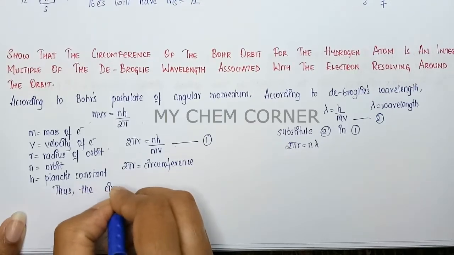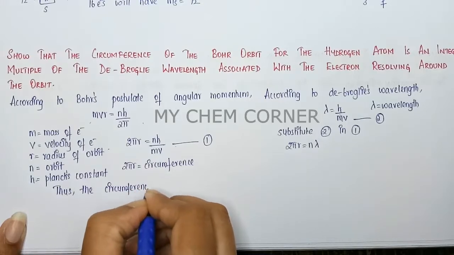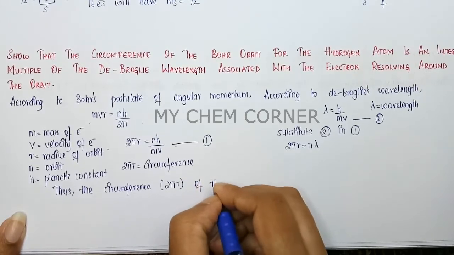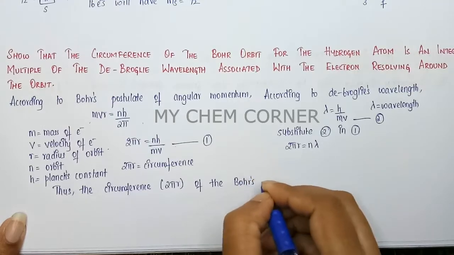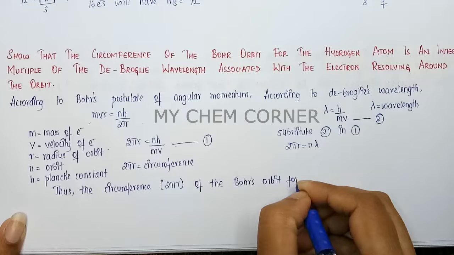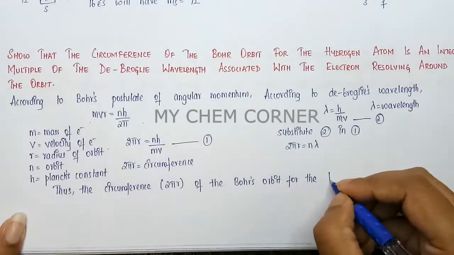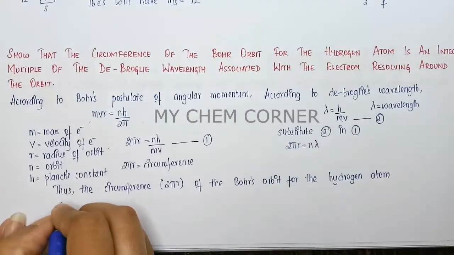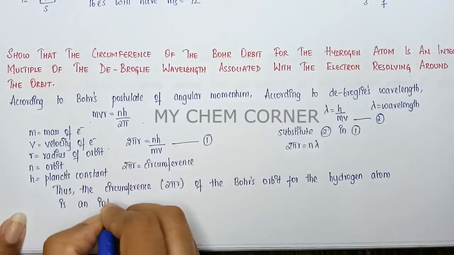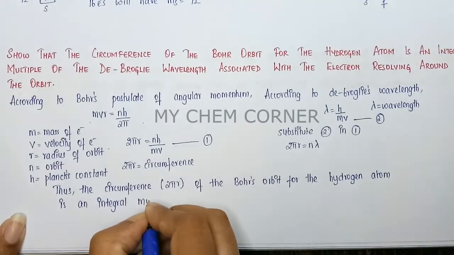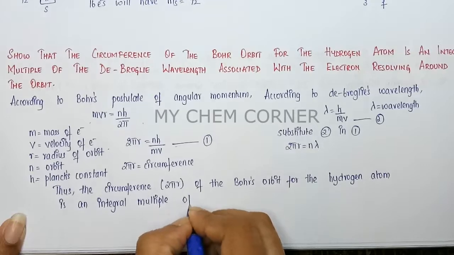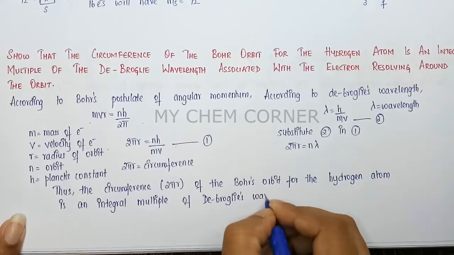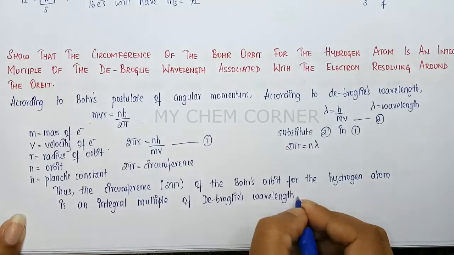Thus the circumference, which is 2 pi r, of the Bohr's orbit for the hydrogen atom is an integral multiple of de Broglie's wavelength. So here it is already proved in this case.